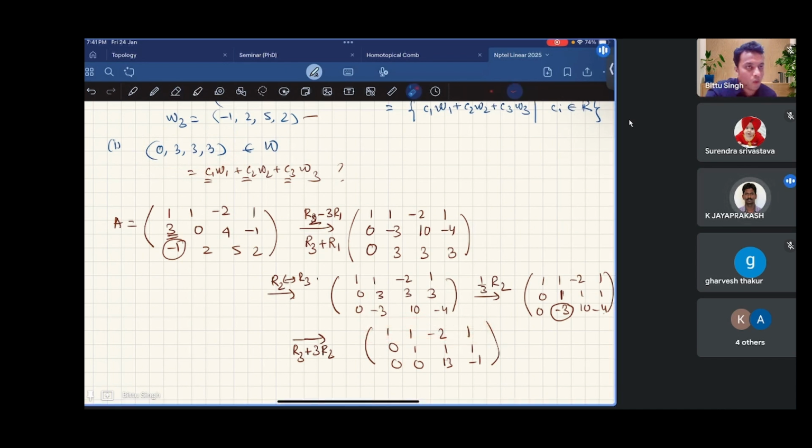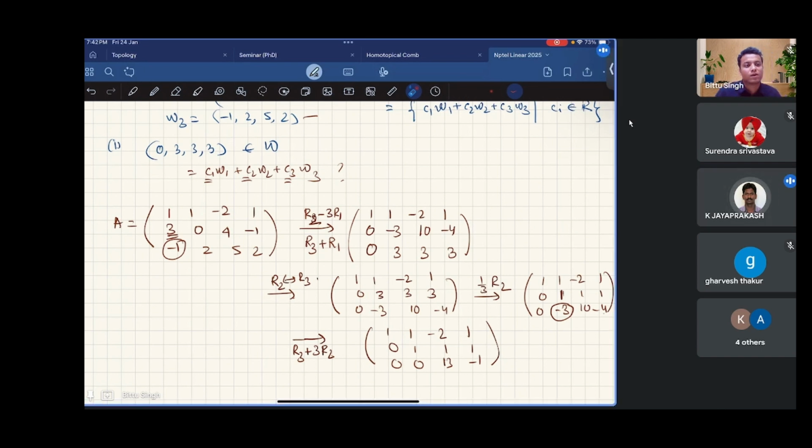By some row operation, scaling and addition, can you make this element 0, 3, 3, 3, by scaling and adding those three rows?